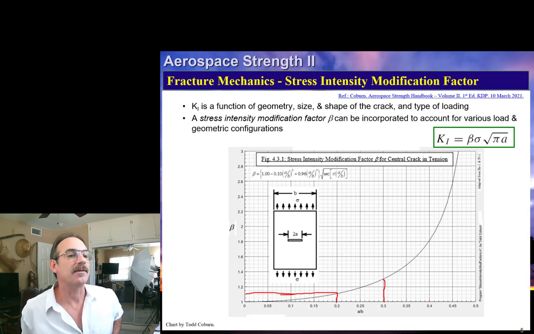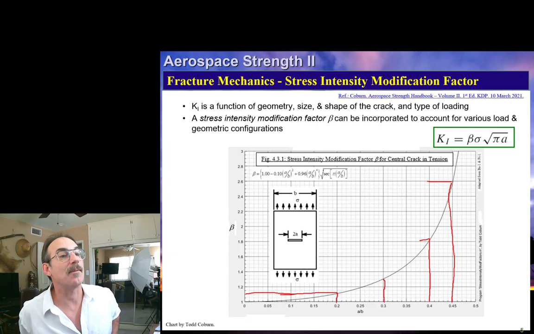A crack length A over B ratio of 0.4 says we have a beta of 1.8. And if we have an A over B ratio of 0.45, it looks like we are at 2.6 as our beta.